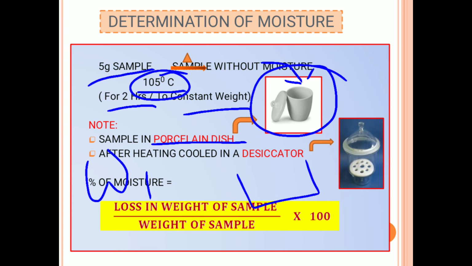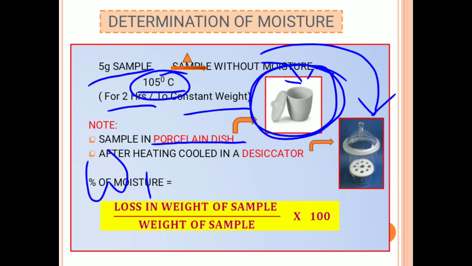So, after heating for 2 hours, you need to keep this porcelain dish which contains the sample in a desiccator. This is the desiccator to prevent the absorption of moisture again while cooling.